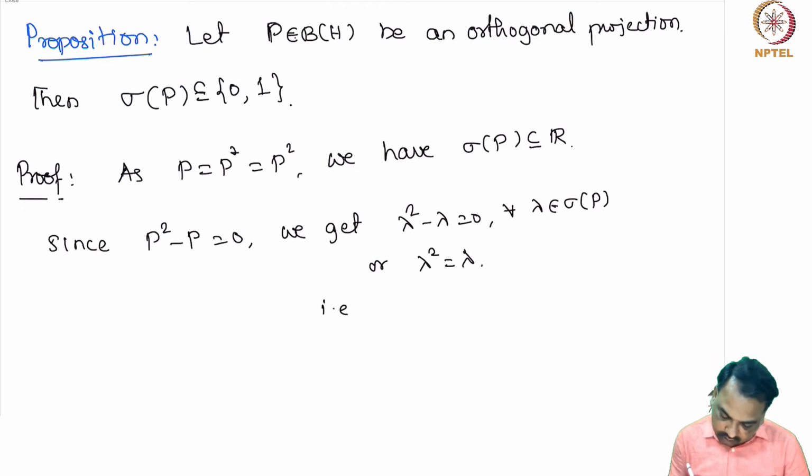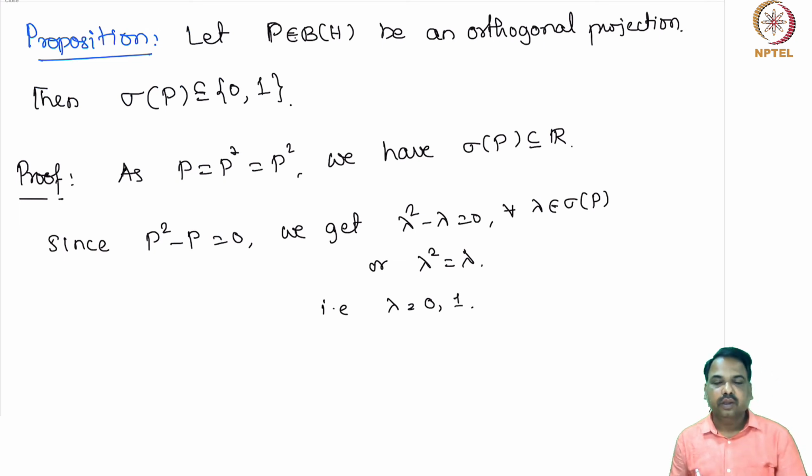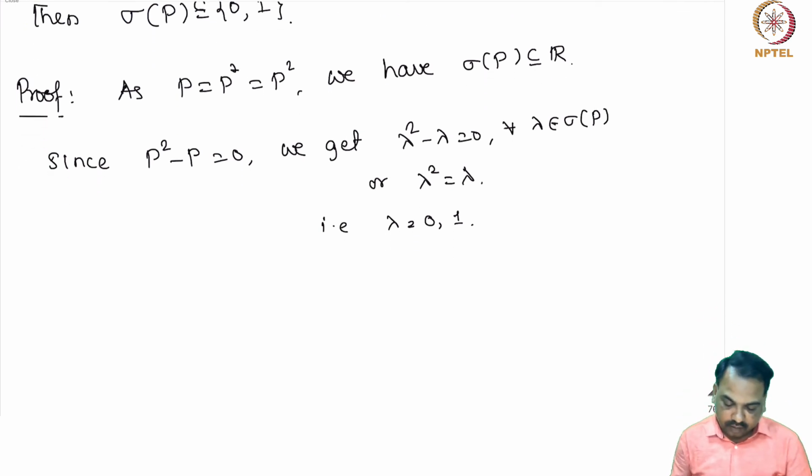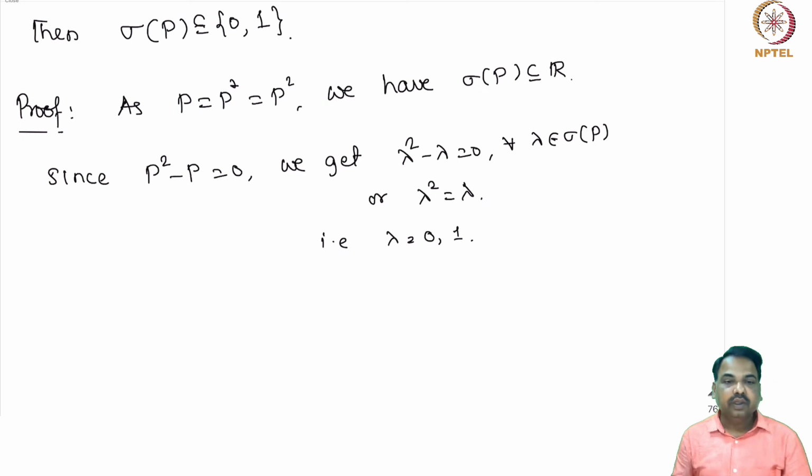So that is, lambda is 0 or 1. The spectrum of P is contained in {0, 1}. Another way to prove this is that you take lambda outside.